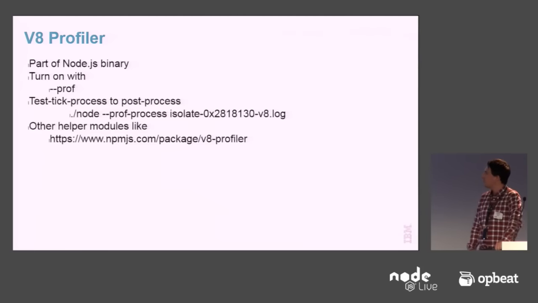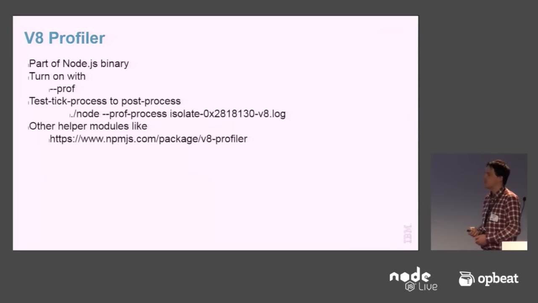This comes as part of V8, and you can expose it through Node by adding --prof to your command line. When you run that, it'll produce a file just as we've got there, isolate, a hex number, and then v8.log. So you can run your benchmark or your application normally, and then you can go and post-process this later.